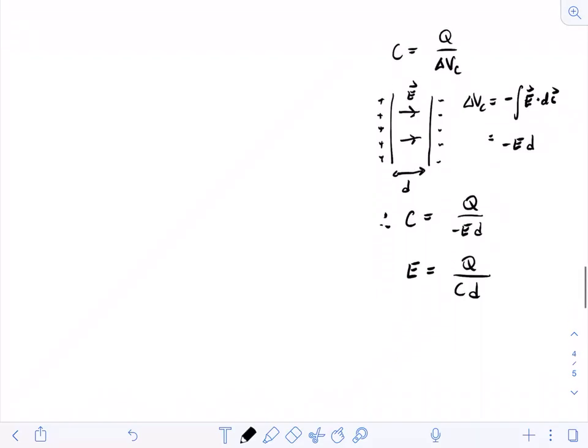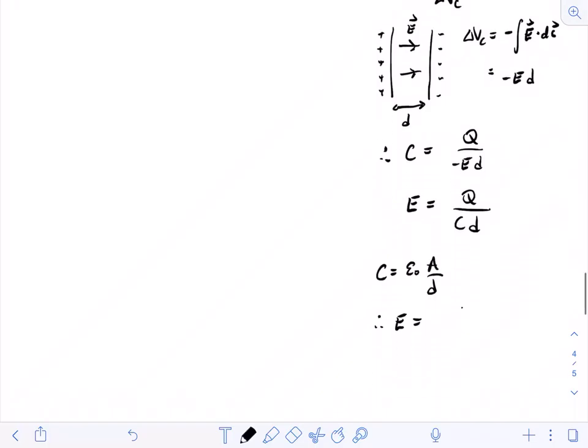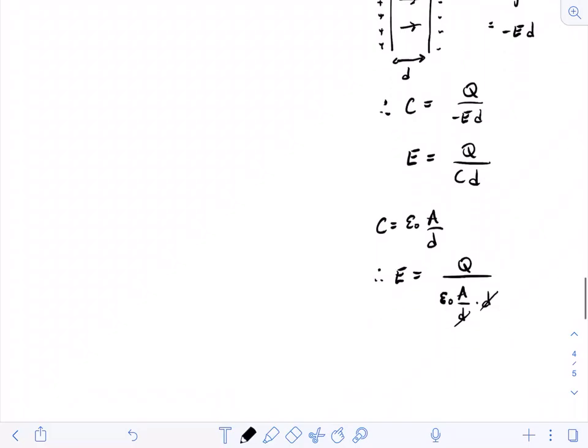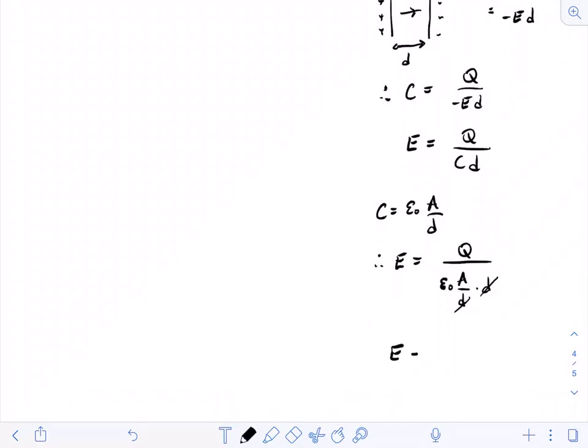But for a parallel plate capacitor, remember C was equal to epsilon naught A over d. And finally, making that substitution, E is Q divided by epsilon naught A over d, and then times d. And so our electric field must be of the form Q over epsilon naught A.